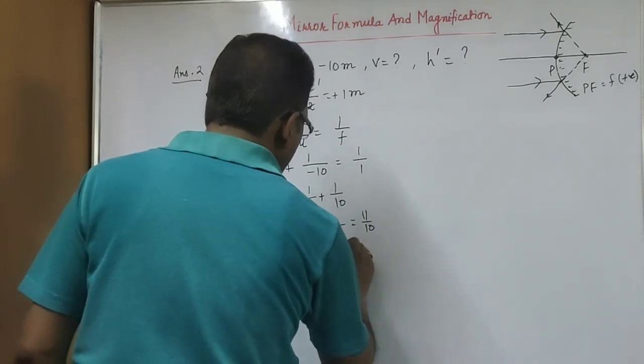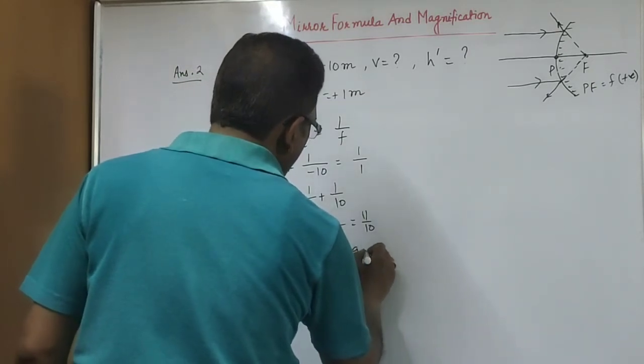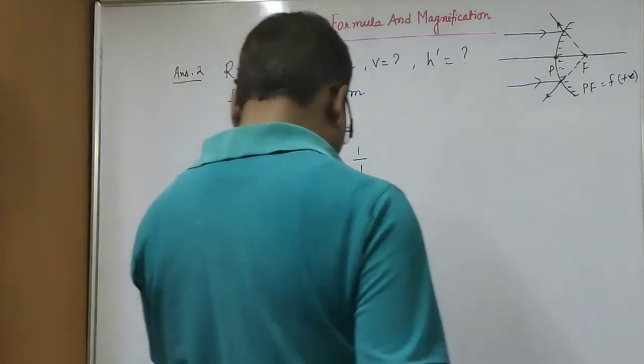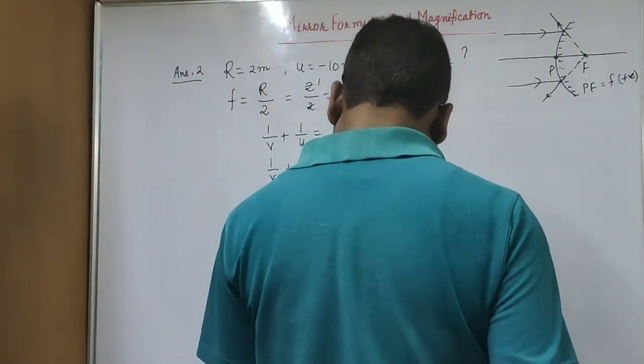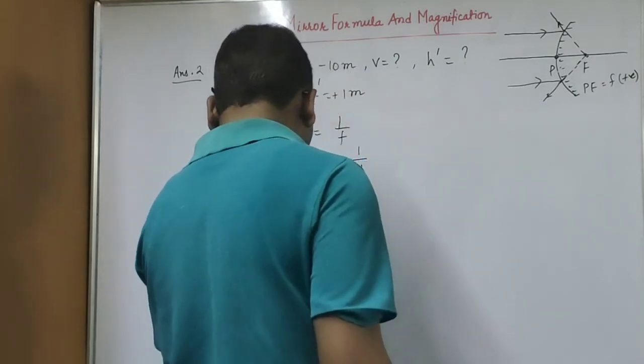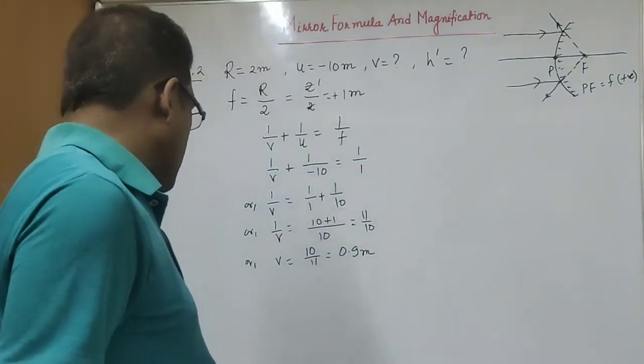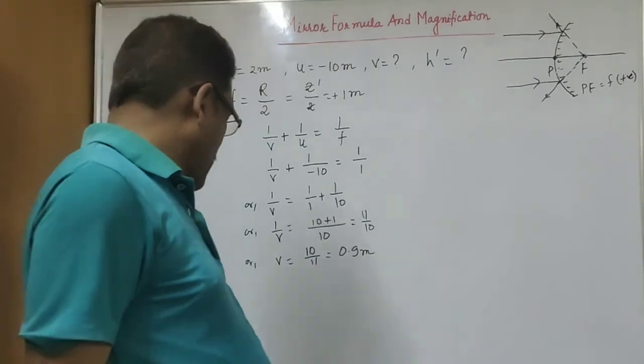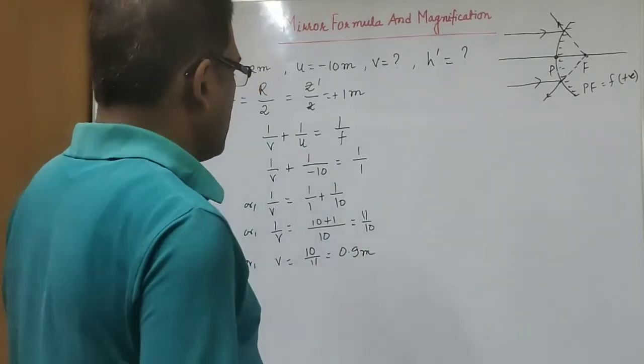So if you simplify, it will be around 0.9 meter. So we can say that the car would appear at 0.9 meter from the convex mirror.